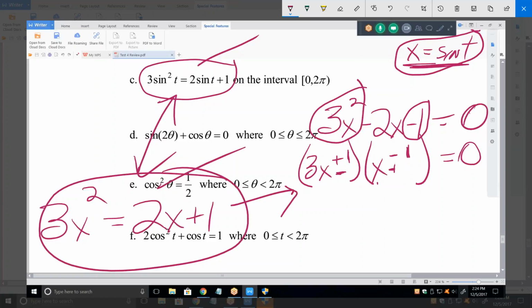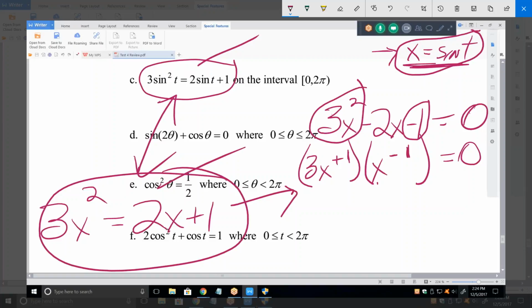So what has to be true? Give me some trig functions I can write. Well, first of all, let's make this a little clearer. Those are our two solutions: 3x plus 1 times x minus 1. Let's go back and resubstitute the trig function.